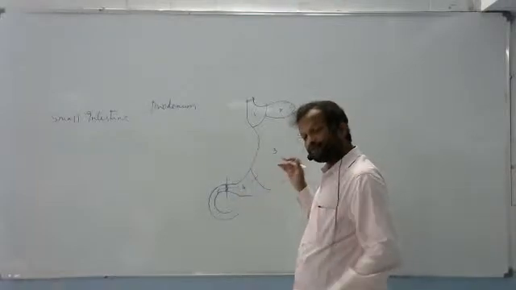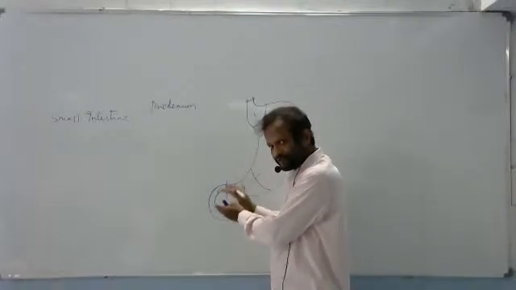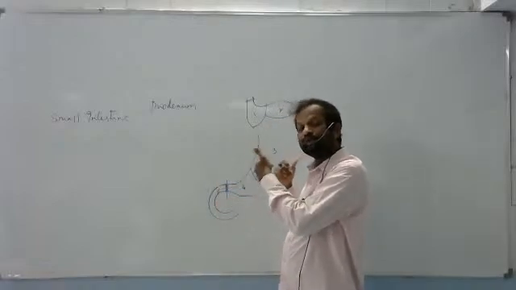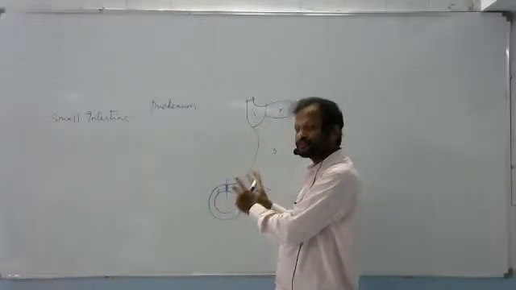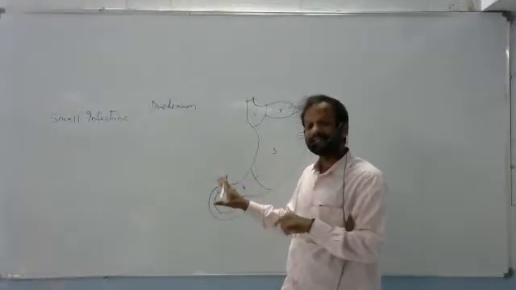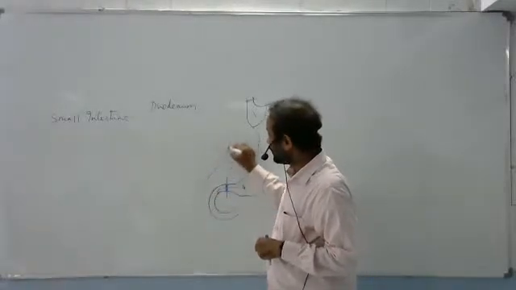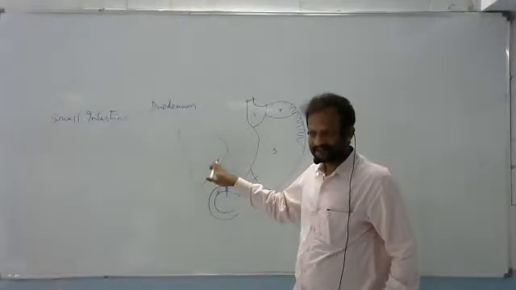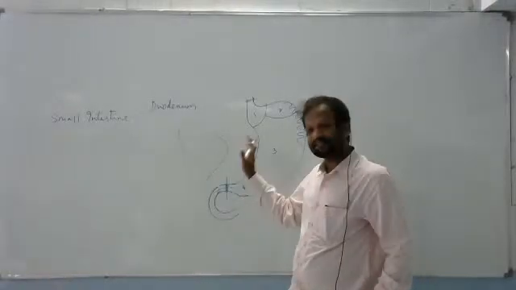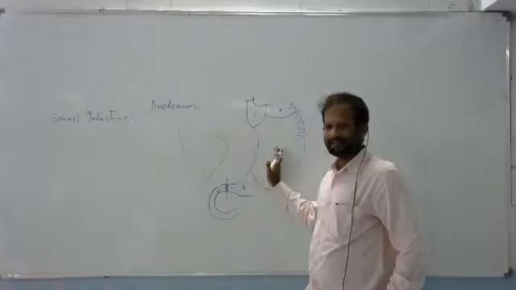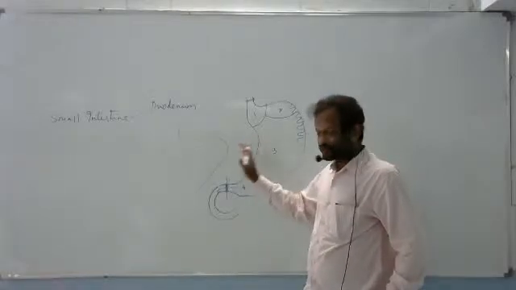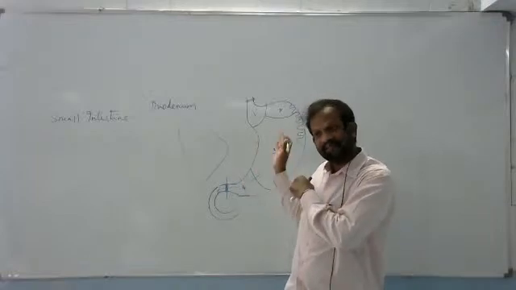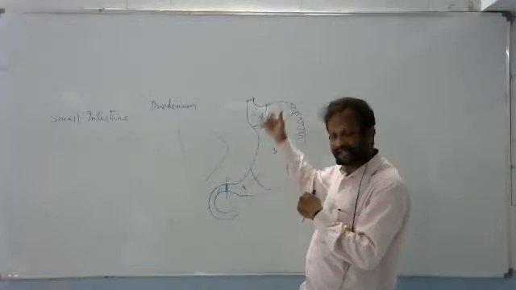Now, if the 2 juices are coming and mixing with the food in the duodenum, those 2 glands must be very close to this organ. Where they are present, we can find the liver here. Here means where? That is towards the right side of the stomach. You understand? So, the stomach is present on the left side of the abdominal cavity, just below the diaphragm.